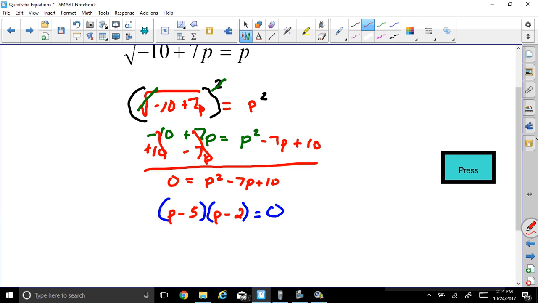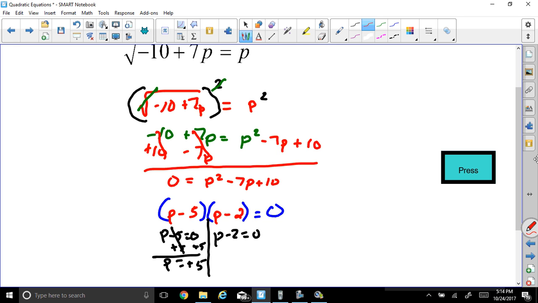So let's now solve this for p. We'll split this in two pieces. p minus 5 equals 0, and p minus 2 equals 0. So add 5, and we get p equals positive 5.